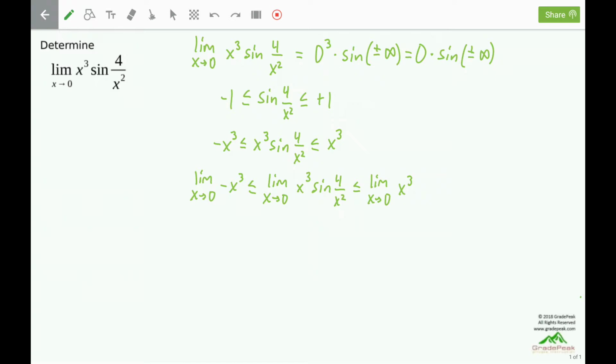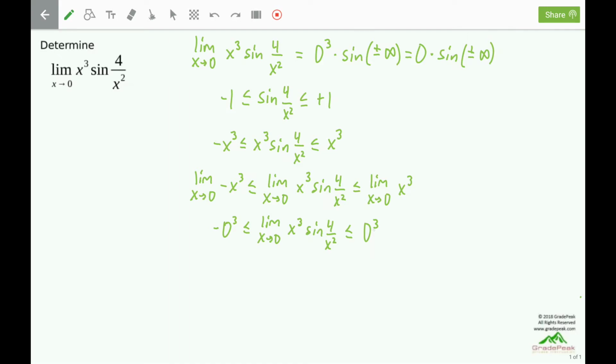The leftmost limit, we will start by plugging a 0 in for each of the x's, which will give a -0 cubed. The middle limit is the one we want to determine, and we will leave it alone. We can't determine due to what will become a sine of positive or negative infinity. The rightmost limit, we can plug a 0 in for each of the x's, which will give 0 cubed.